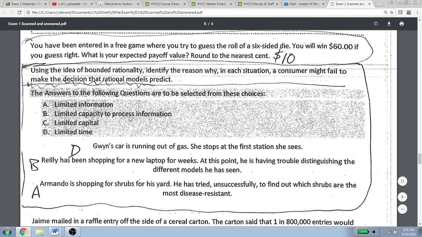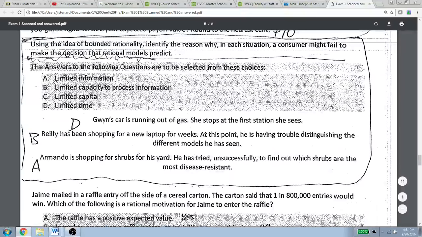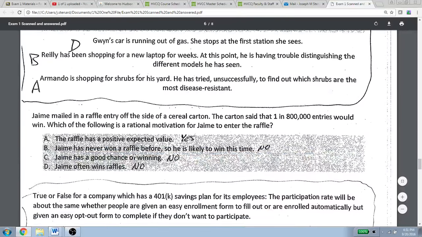B. Limited capacity to process information. His head is swimming. And Armando is shopping for shrubs for his yard. He's tried unsuccessfully to find out which shrubs are the most disease resistant. A. Limited information. The information that he needs is not fully available. All examples of bounded rationality. Various examples that were good.